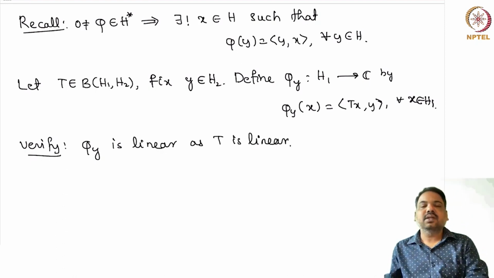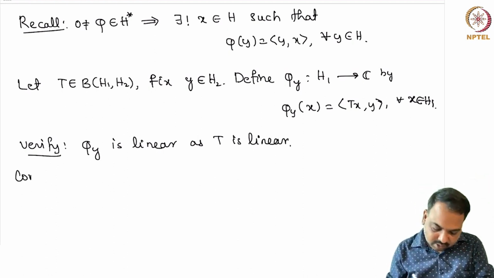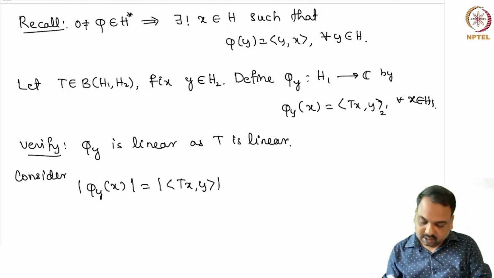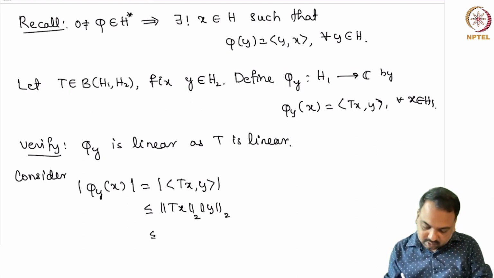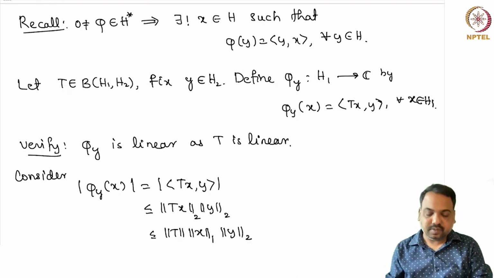The next question we can ask is whether it is bounded or not. For that let us look at the modulus of phi y at x, which is the modulus of the inner product of Tx with y. This is the inner product in the second Hilbert space, though it's not required to say so. This is less than or equal to norm Tx multiplied by norm y, and this is less than or equal to norm T into norm x in the Hilbert space 1, times norm y in the Hilbert space 2.